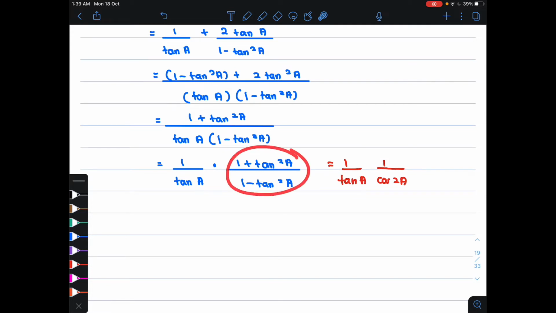So let's change everything here to become in terms of sine and cos.